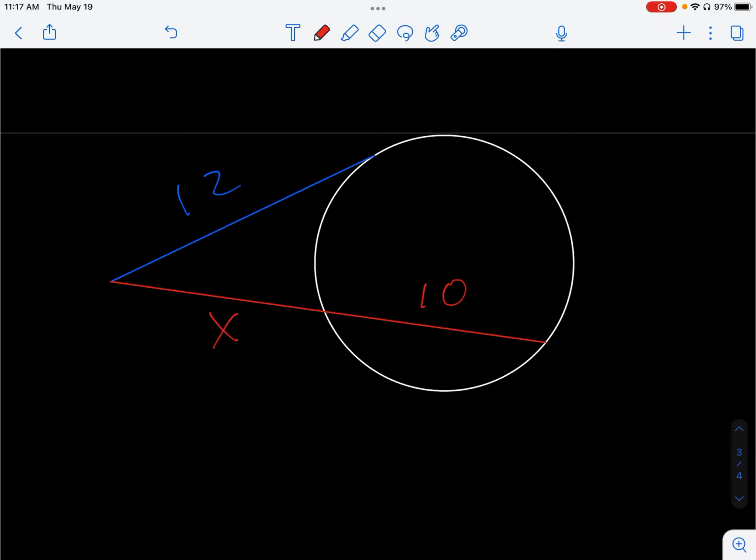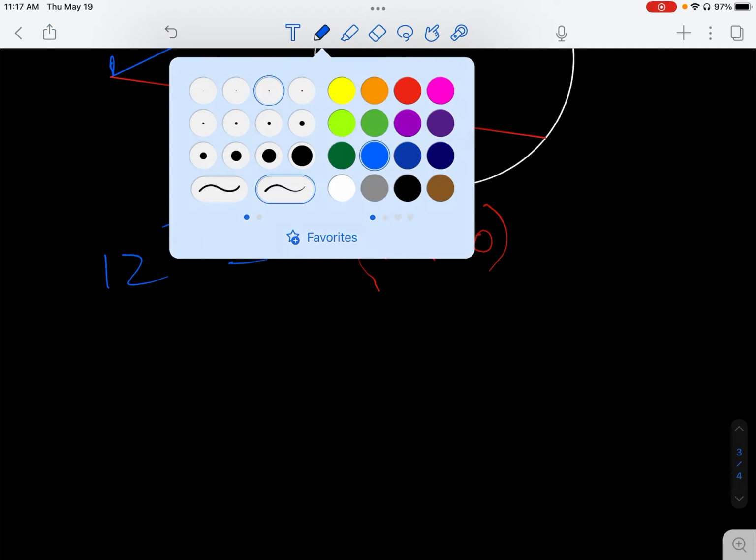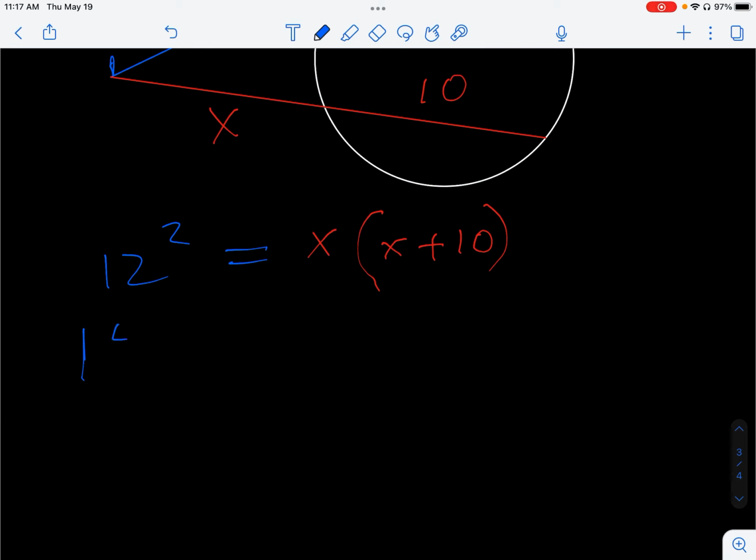Let's try one that's going to tax us just a little more. So here we're going to have our tangent. So we have 12 squared equals our external segment times our entire secant segment. So 12 squared equals 144.